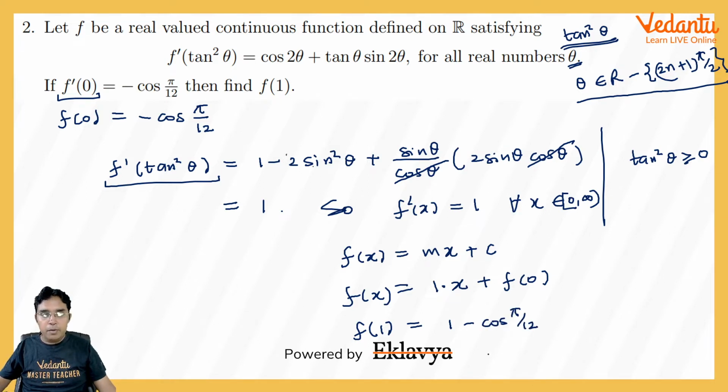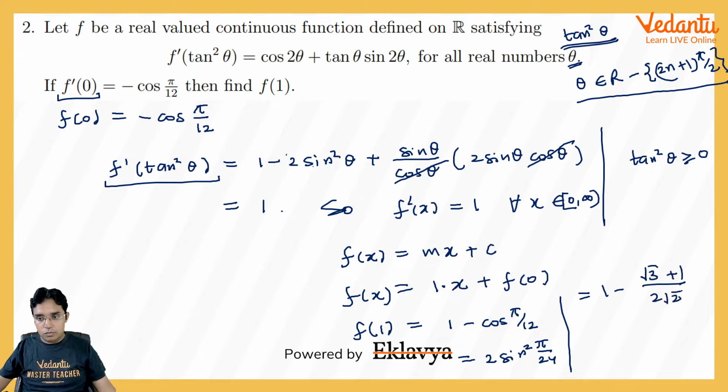So we may leave the answer here, or we may write this as 2 sine square pi by 24, or you should remember the value of cos 15 degree. This pi by 12 is 15 degrees, which is root 3 plus 1 upon 2 root 2. So you may give your answer in multiple formats: 2 root 2 minus root 3 minus 1 upon 2 root 2. So this completes the solution of this question.